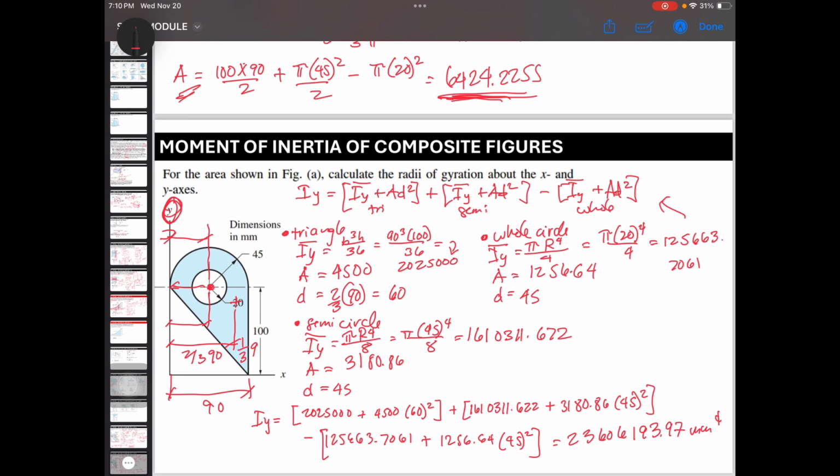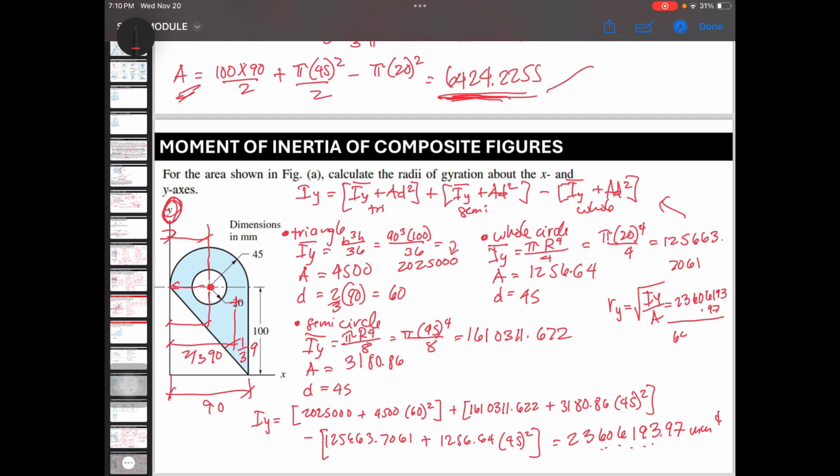So, yan yung Iy natin. How do you get Ry? So, square root of Iy over the area. So, anong Iy natin? It is 23,606,193.97 all over our area.